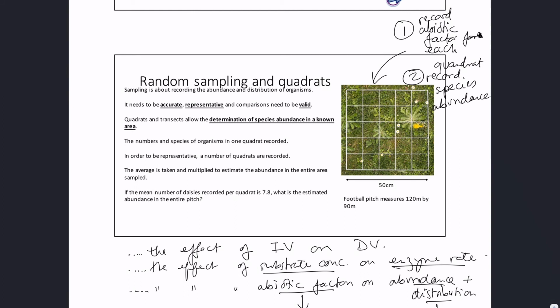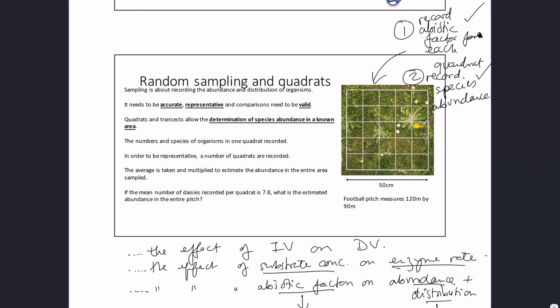Okay, in that case, you're only recording however many daisies you find in your quadrat. But in other cases, you might be recording all the plant species that are present and looking for particular relationships within that. Okay, so you must record the abiotic factor that you're interested in. You must record the abundance and distribution.